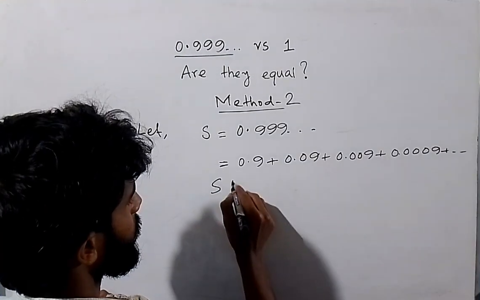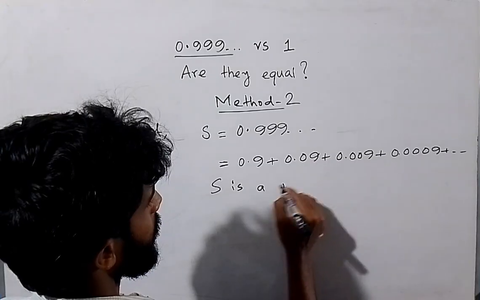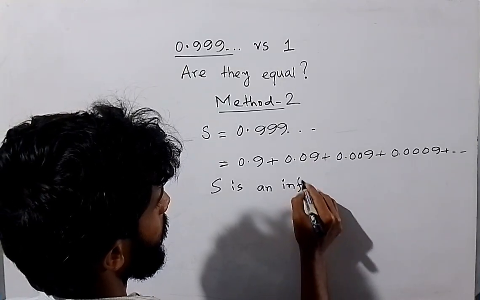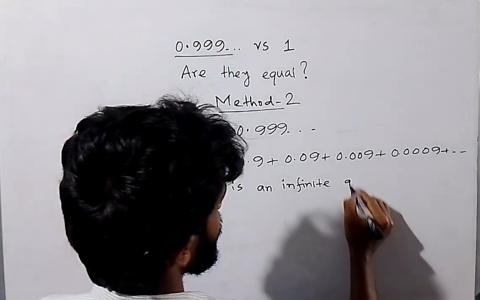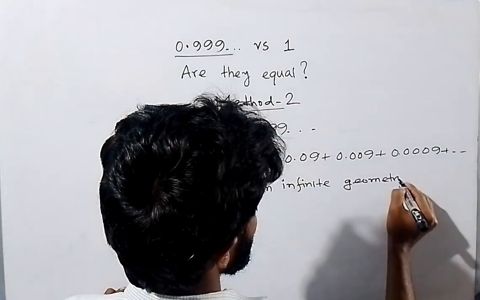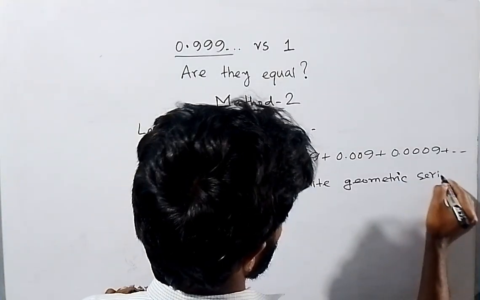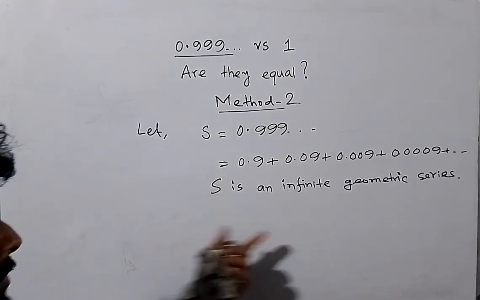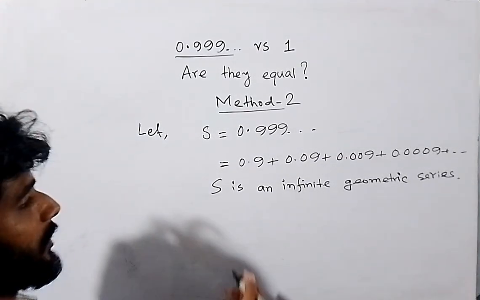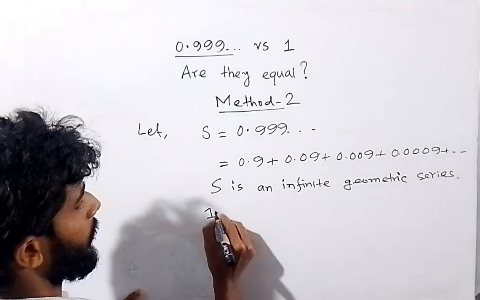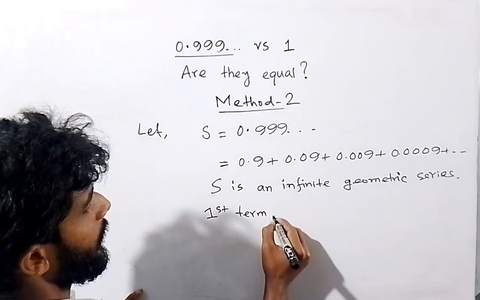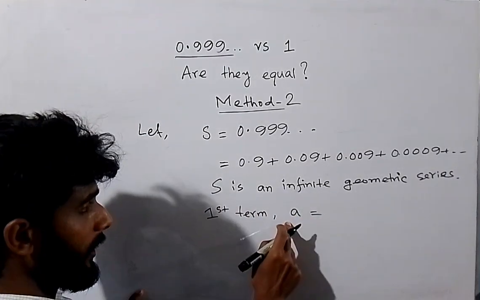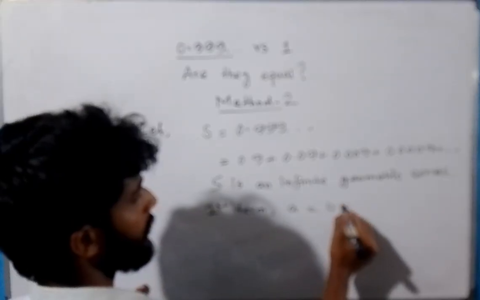So S is an infinite geometric series, and we know any geometric series has its first term. Our first term is represented by a, and a is 0.9.